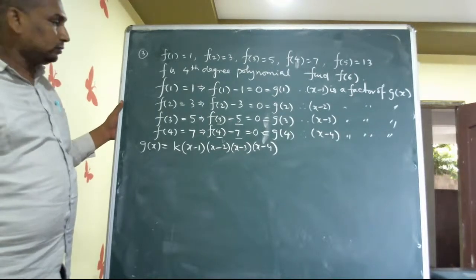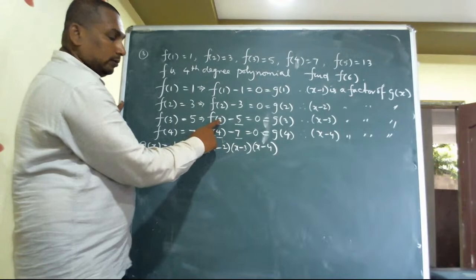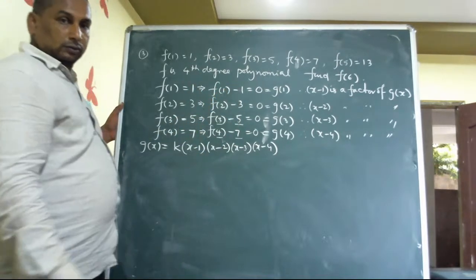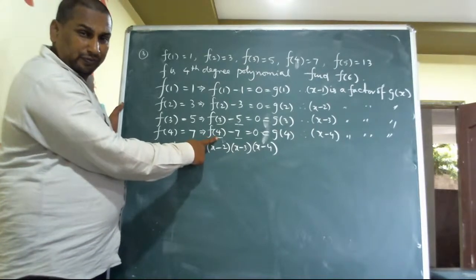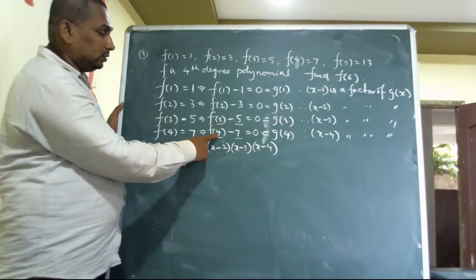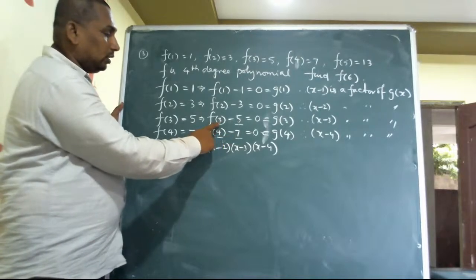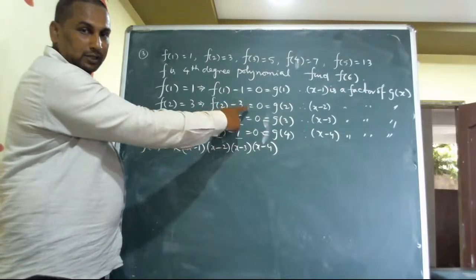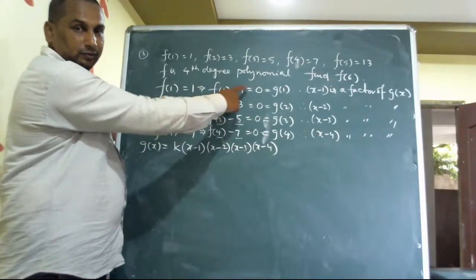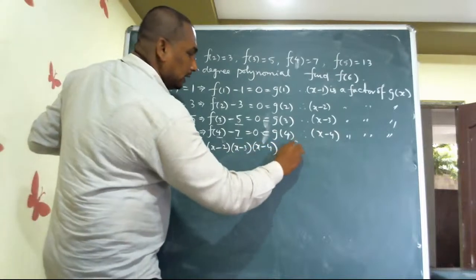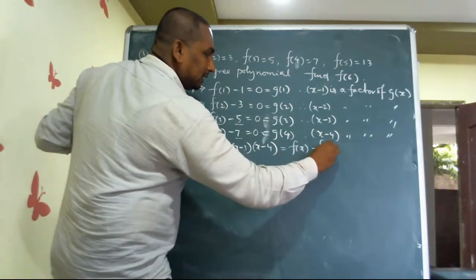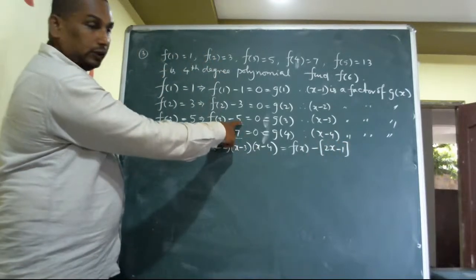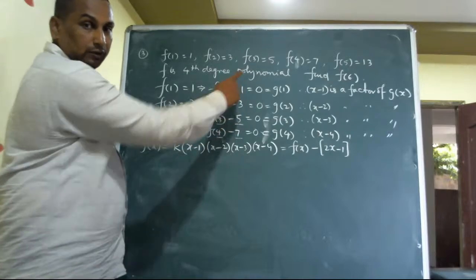Let's go to 4, 3, 5, 2, 3, 1, 1. 4 twos, 8, 2 fours, 8 minus 1, 2 threes, 6 minus 1, 2 twos, 4 minus 1, 2 ones, minus 1. So, f of x minus, that is 2x minus 1. 2 into 4 minus 1, 2 into 3 minus 1, 2 into 2 minus 1, 2 into 1 minus 1.